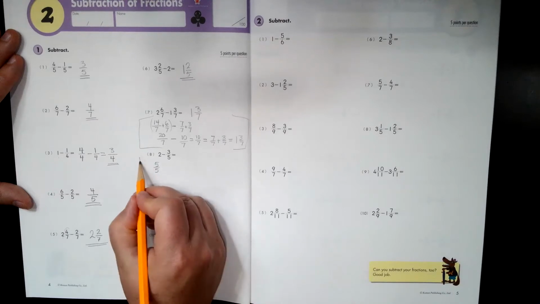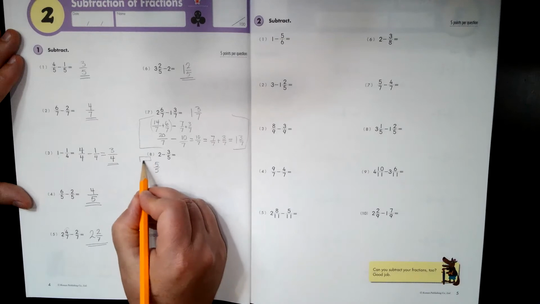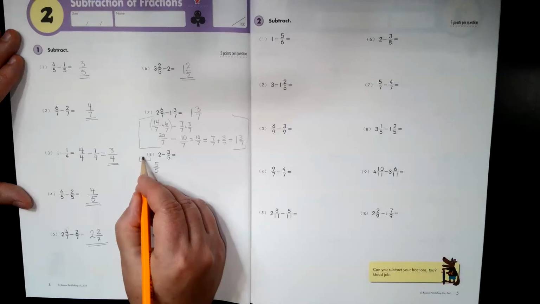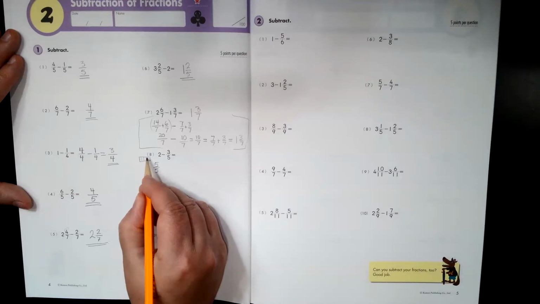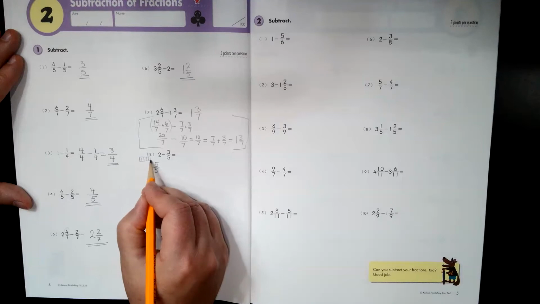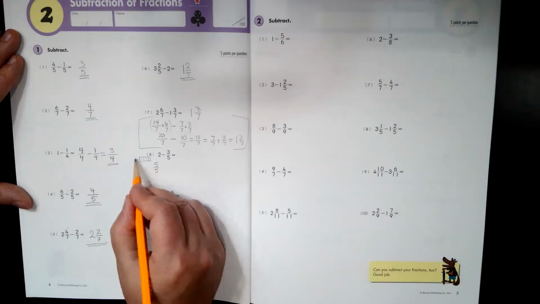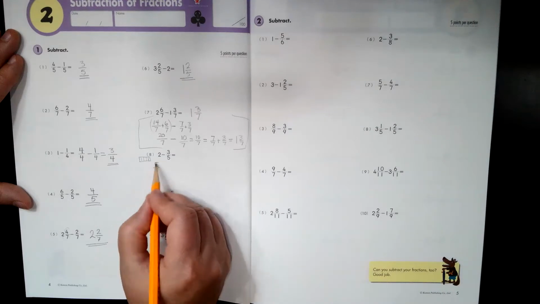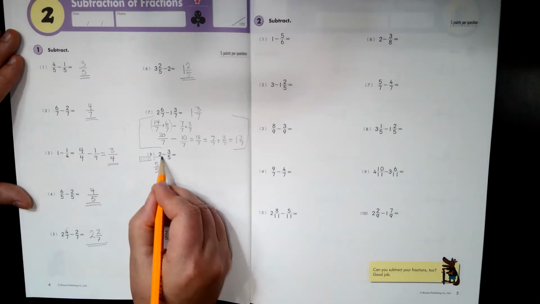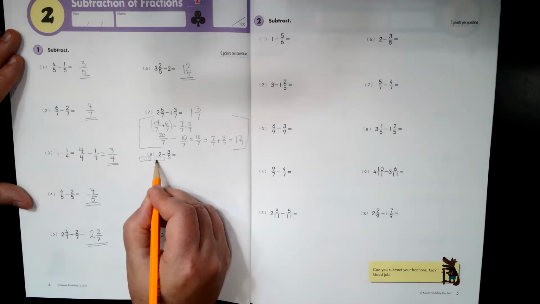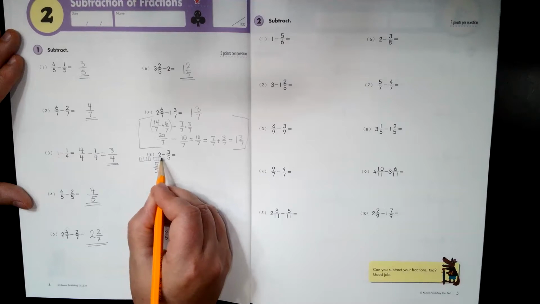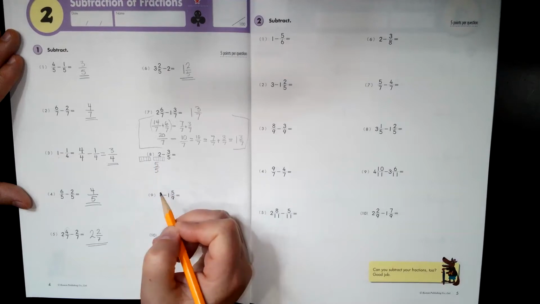Think of it this way. If I had a little brick here and I wanted it divided into equal parts and I had 5 parts, I've got the whole brick. But I don't have just one brick. How many bricks do I have? Yeah, I have 2 bricks. Maybe these are bricks of chocolate.